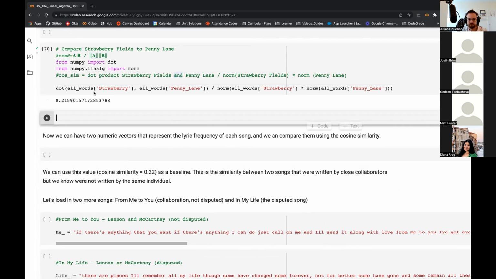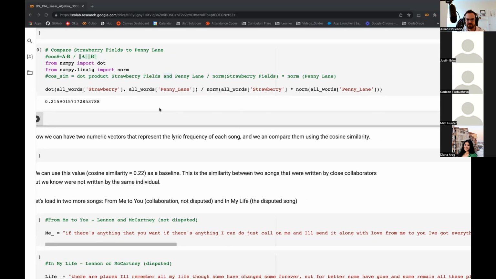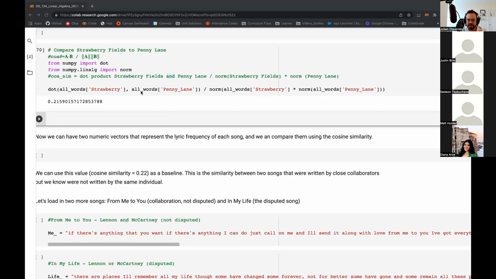The song Penny Lane is a Paul McCartney song, and Strawberry Fields is a John Lennon song. So we have two songs that were independently written by each one.